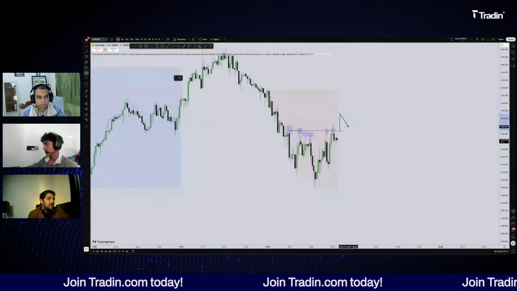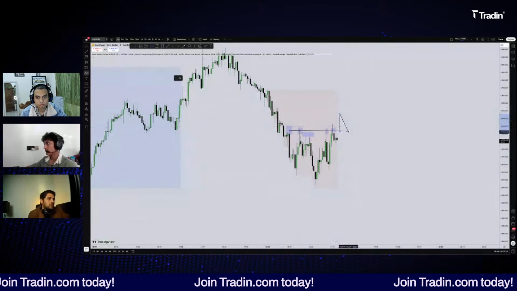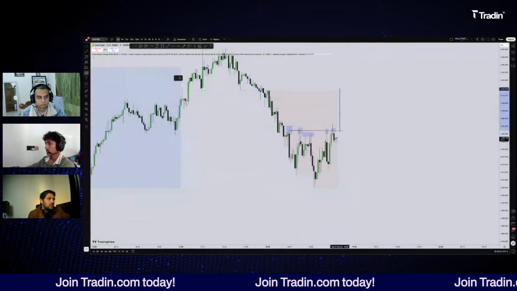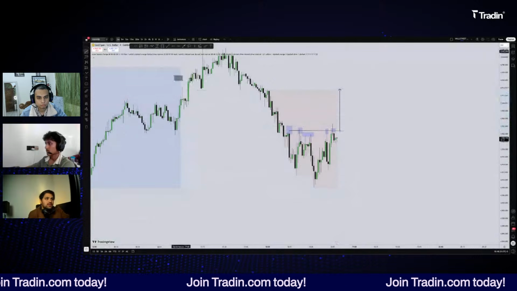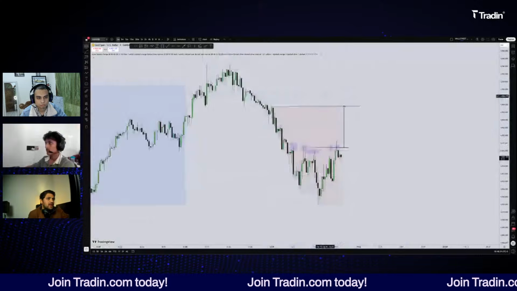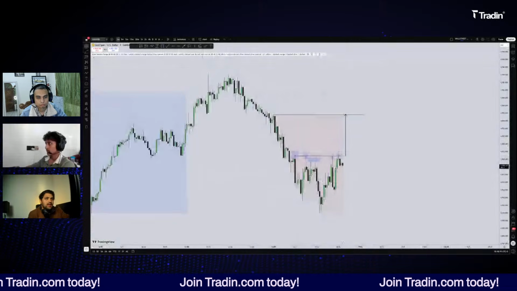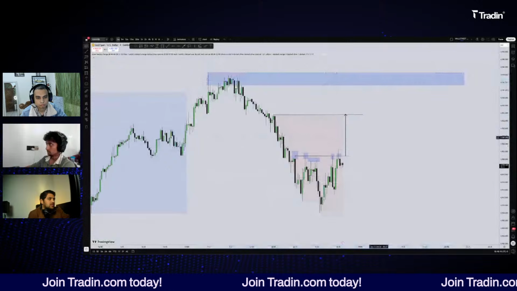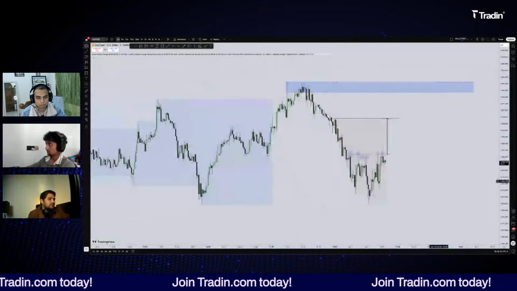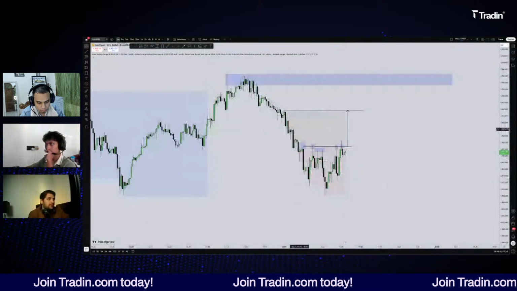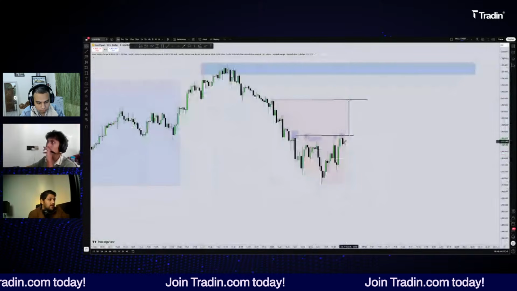Then maybe a pullback, or it might not do a pullback and just push up to sweep New York highs, right? So this is the target, New York highs, and eventually if it can break New York highs, then with the volume, it will be going back to these wick rejections. For dynamic risk management, it's still a good buy.